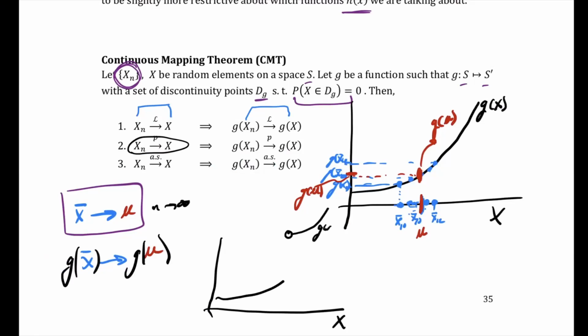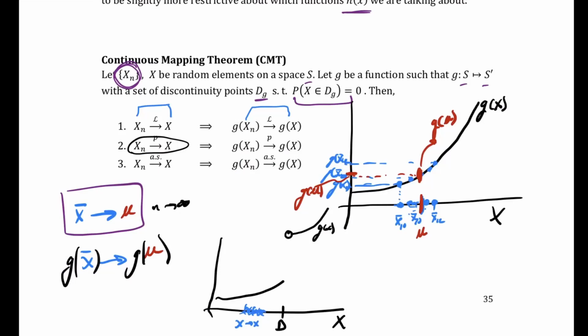Now this is g of x, so I have a big break in my function. And the break here occurs at some discontinuity d. And I have a bunch of convergence going on here. The x's are converging to some x, or x bar going to mu, something here.